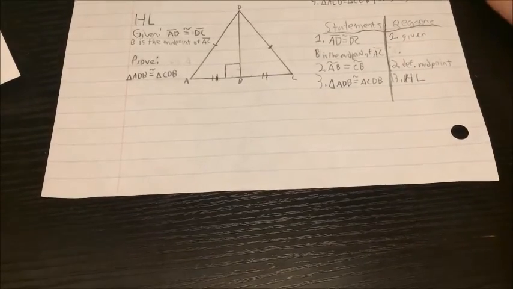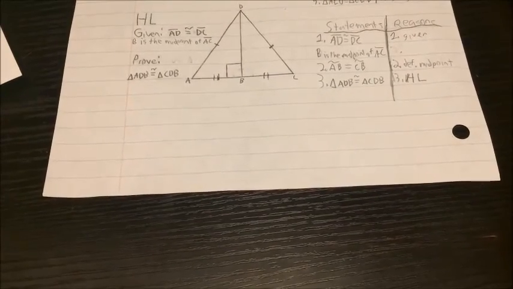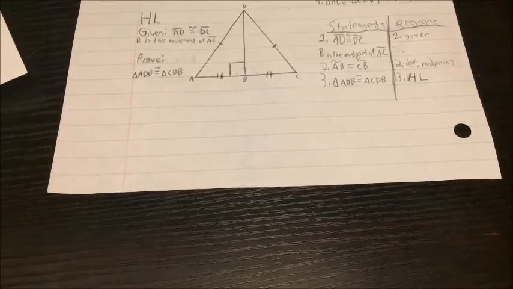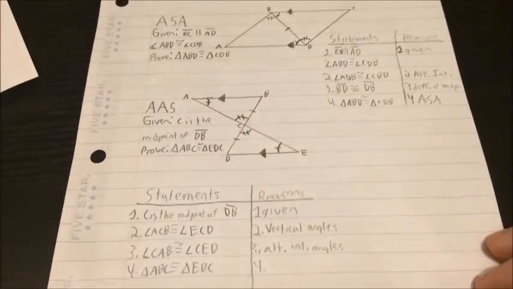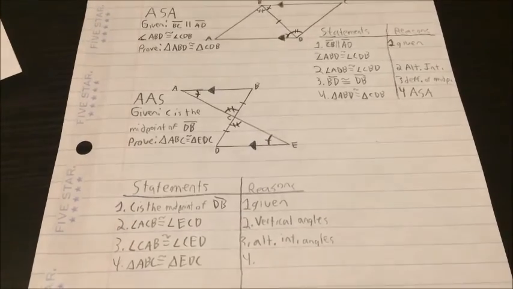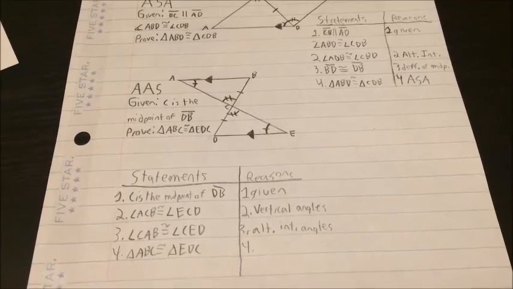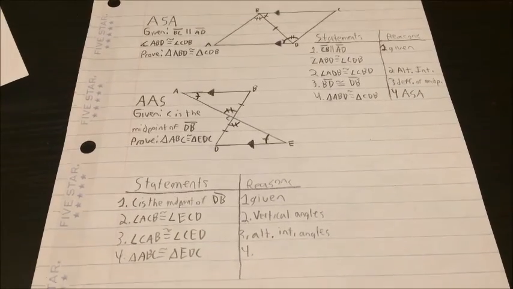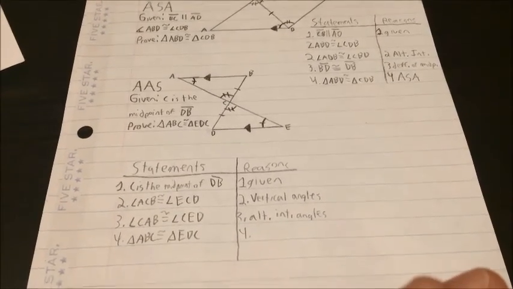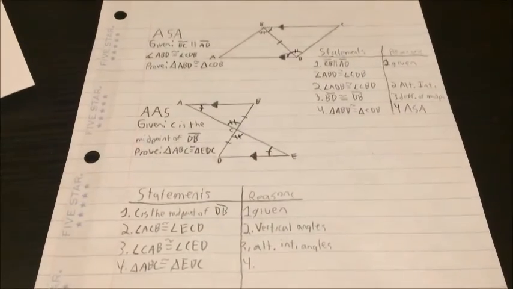Here is the hypotenuse leg. Pause the video if you need more time. And finally, angle side angle and angle angle side. Pause the video if you do need more time.